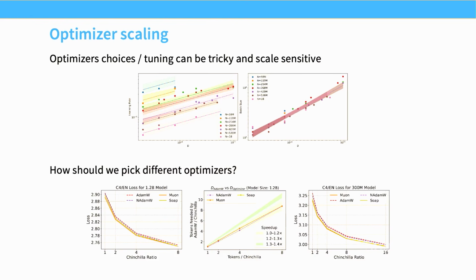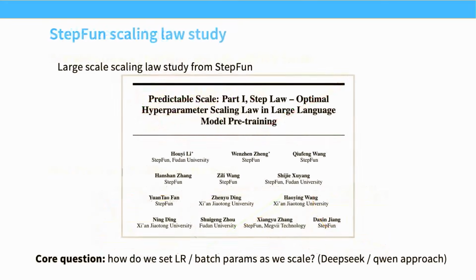So we're going to now talk about the DeepSeek approach. How do we scale learning rate properly? There's going to be a hyperparameter part and an optimizer choice part. I'm going to draw quite a bit from this pretty recent preprint from the StepFun folks. I don't think there's a truly reliable, robust study on hyperparameters, especially learning rates, but this is probably getting somewhat close.